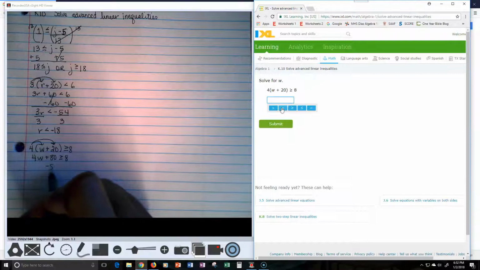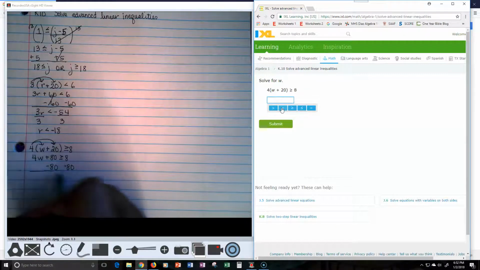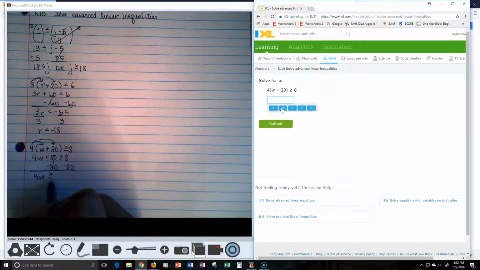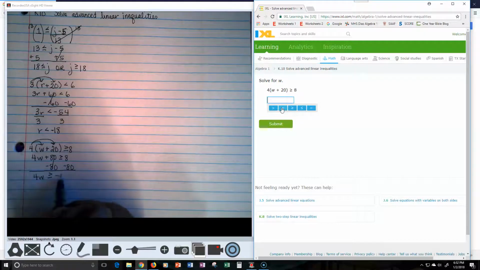I'm going to subtract 80 from both sides of the inequality. And I've got 4W, 80 minus 80 is 0, is greater than or equal to, well, 80 minus 8 is 72, and again, my number is going to be negative because the 80 is negative, and it's the larger number.